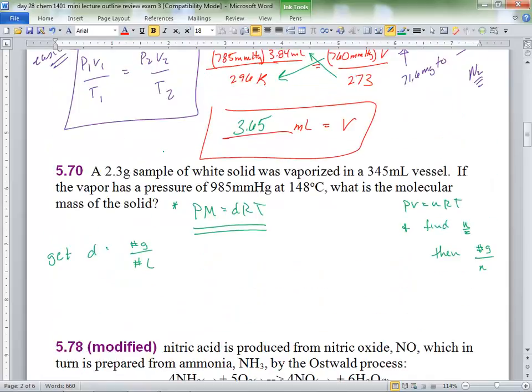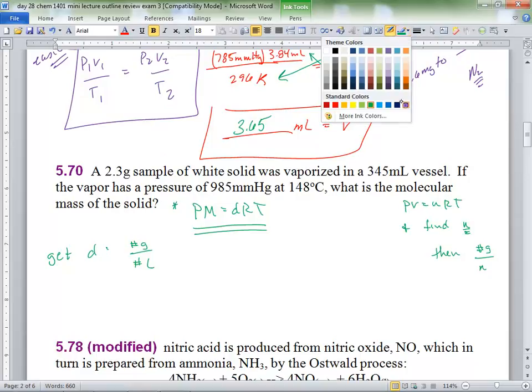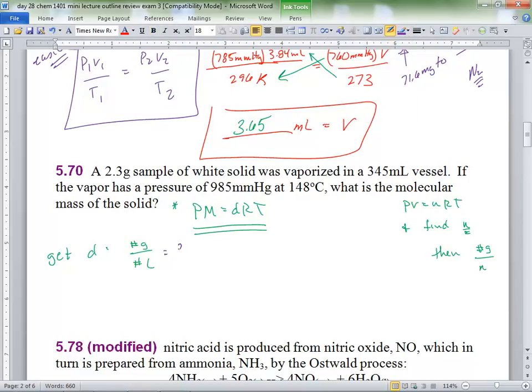Oh, 3.65, yeah, milliliters. Liters. Into 6.6667 or something. Now, once you get little d, you're good to go. Just watch your units on everything.